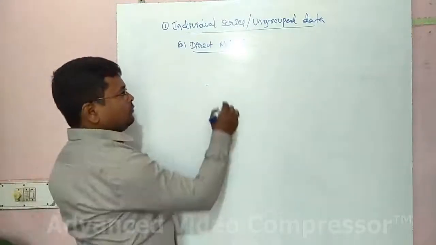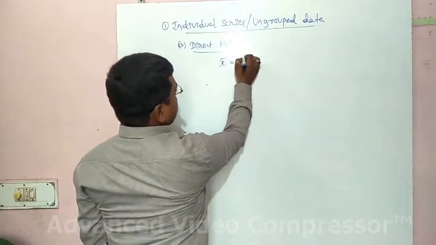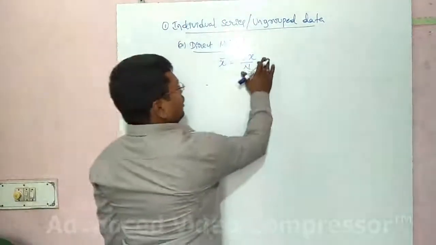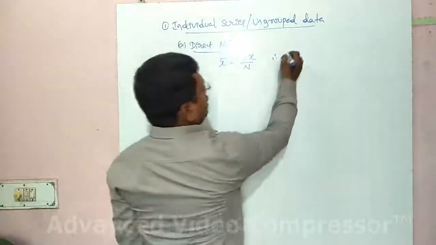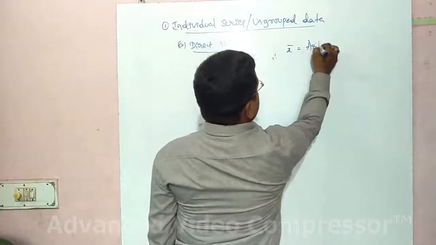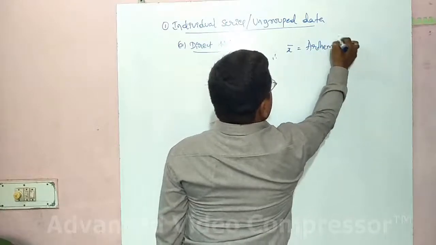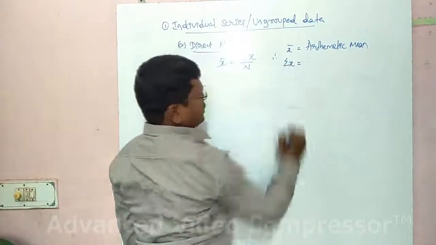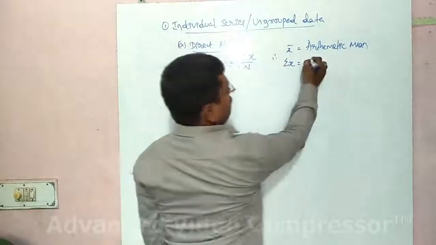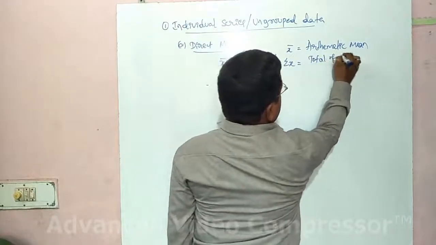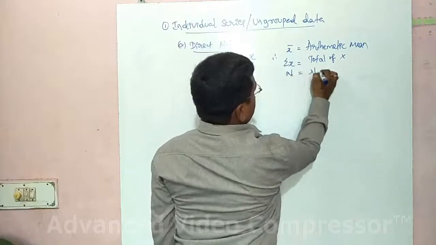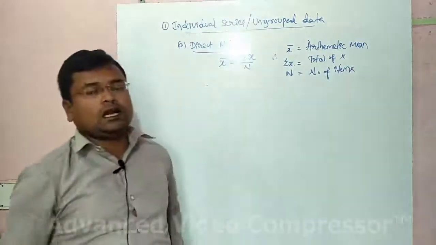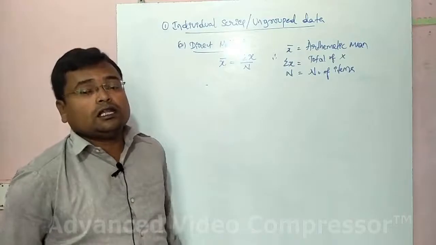That formula is like this: x bar is equal to summation of x divided by capital N, where x bar is equal to arithmetic mean, and summation of x means the total of x, and capital N means number of items or number of observations given in the problem.